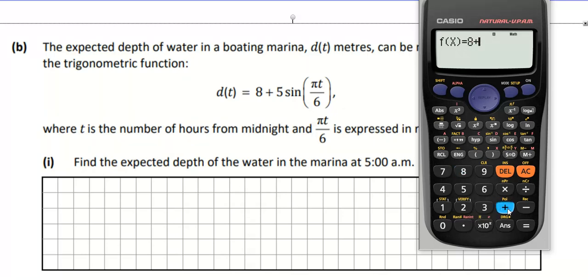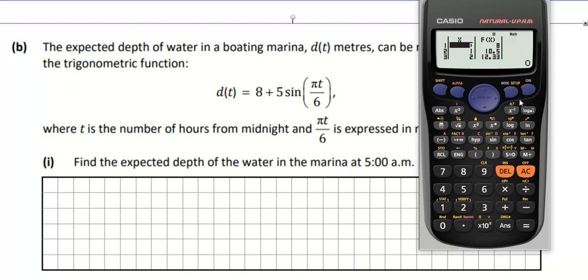Okay, 8 plus 5. Okay, start at 0. 0 is midnight. I'll do 24 hours if my calculator allows it.